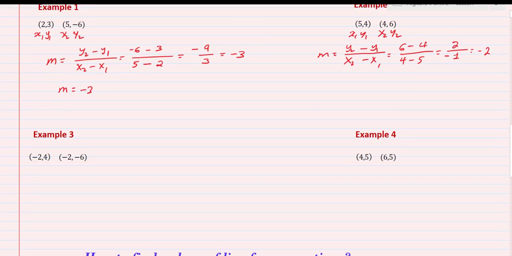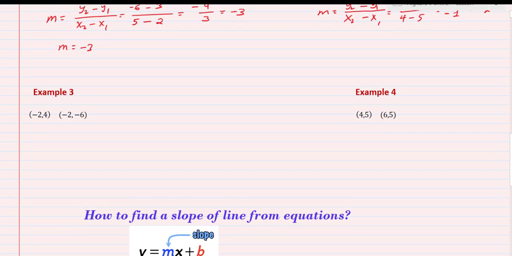Let's do example 3. We have x1, y1, x2, y2, and we write the formula. y2 minus y1 over x2 minus x1. So we have -6 minus 4, and we have -2 minus -2.